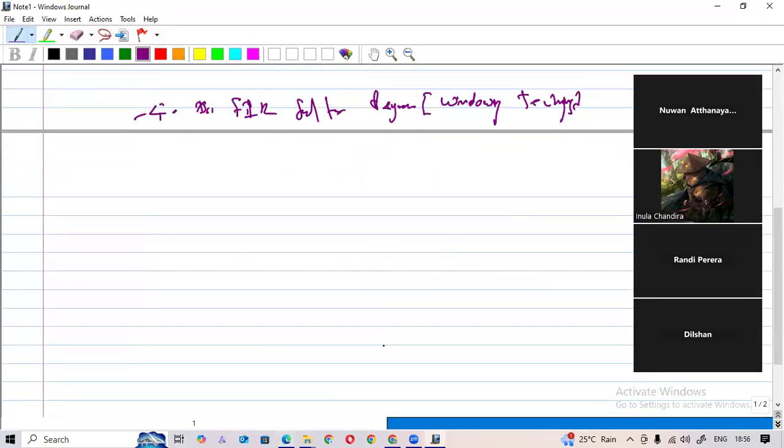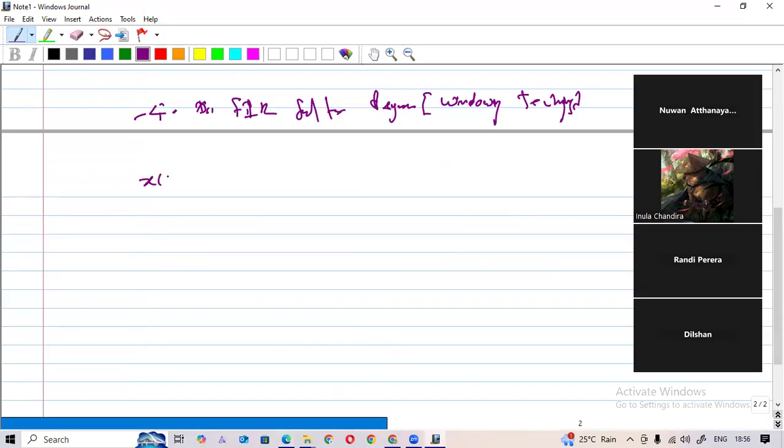For example, can you remember that if we have a continuous time signal like this, cos 2π f1 t plus some value a2 sin 2π f2 t.